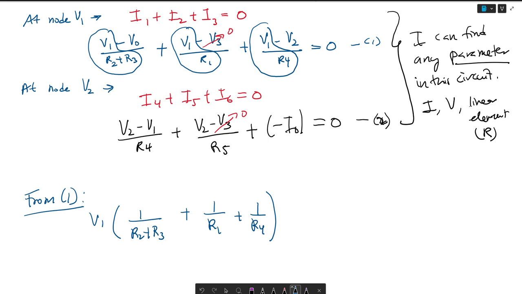And in terms of V2, we're left with V2 right here, minus 1 over R4, because it's included.